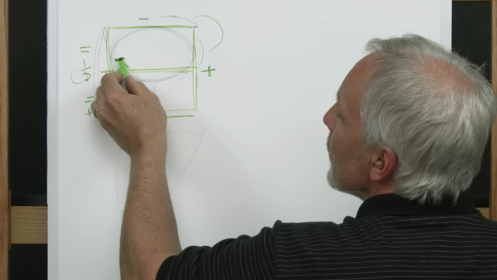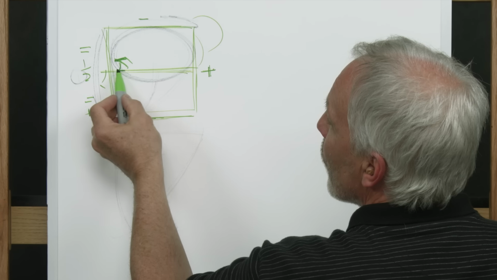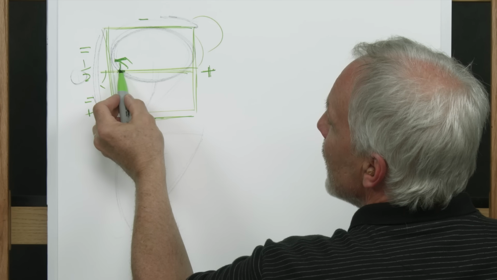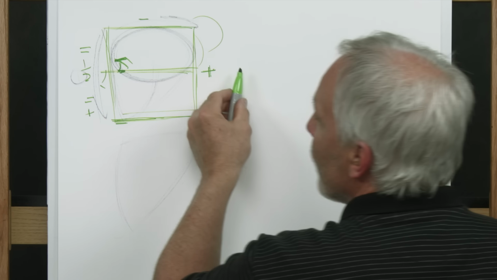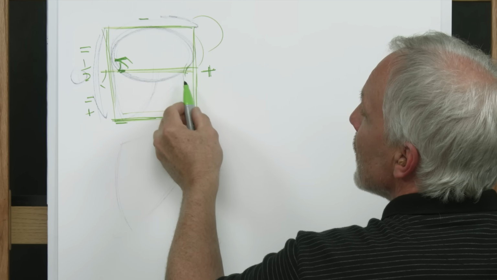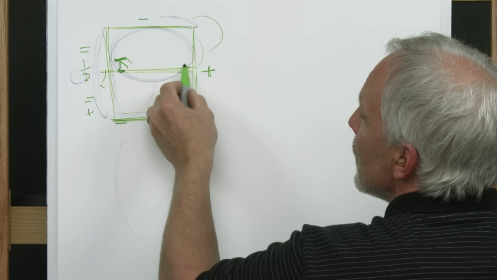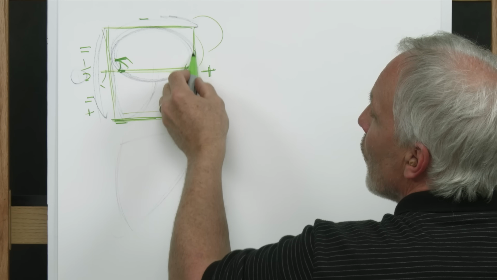Let me put a little bit of the eyebrow in there just so you can see it. But notice the eye line where the upper lid meets the lower lid. That's a halfway point. And again, that's about where the neck is. Neck meets skull, somewhere in there.